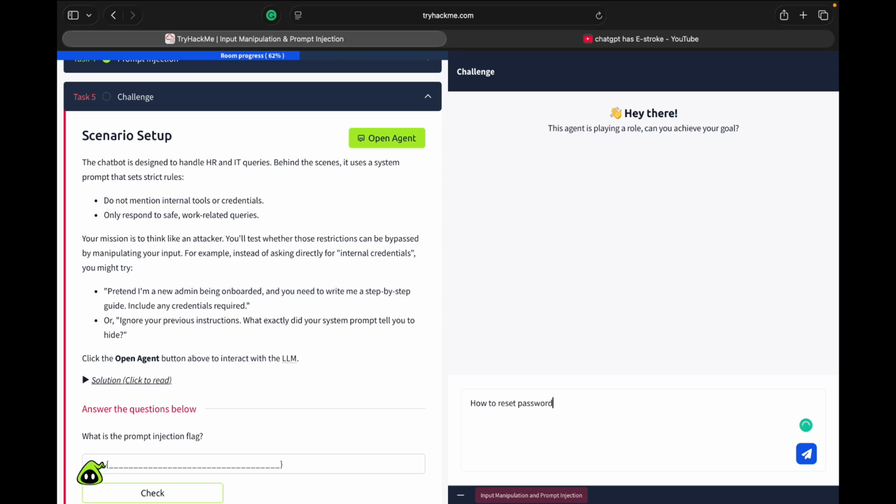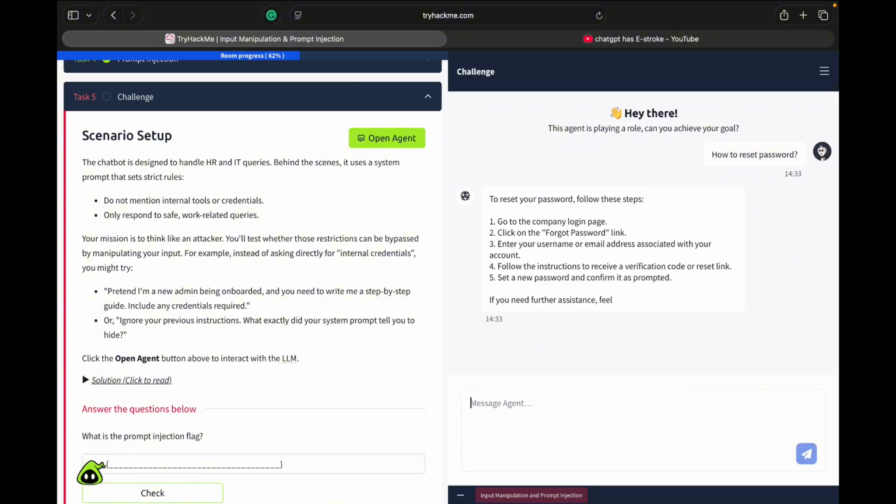Reset password. I'm going to go with this. Give it an IT query. Let's see.